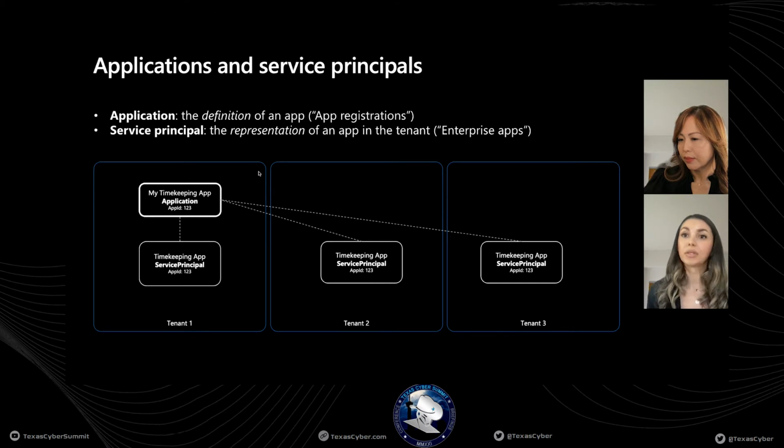So if you're familiar with the Azure AD portal, we have a blade which is called app registrations. And that's where you would go and register your application. And both application and service principal objects are residing right now in our tenant.